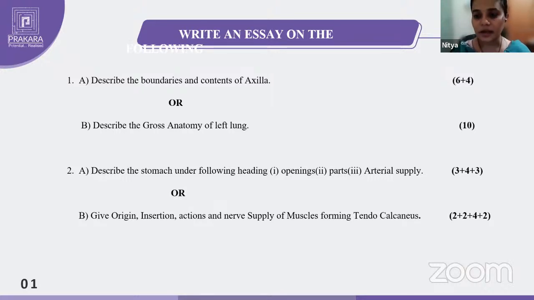Suppose a nerve is asked for you. Nerves can be very nicely described using longitudinal flow charts. You can also use flow charts to explain the joints. If classification of joints is asked, there also you can use a flow chart, and there you can write the examples for each joint.